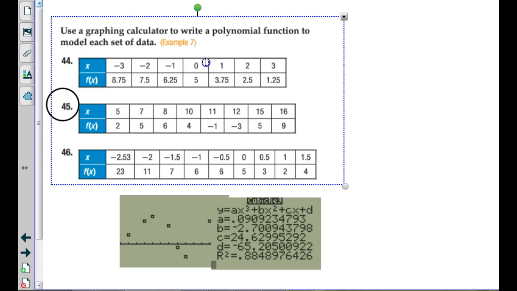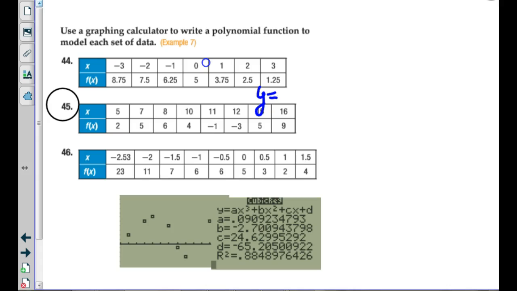So number 45 on the homework should have said y equals 0.091 x cubed plus, oh, it's actually minus, I'm just going to write negative, 2.701 x squared plus 24.63, that's a 3, x minus 65.205. Clearly, I have room for that.